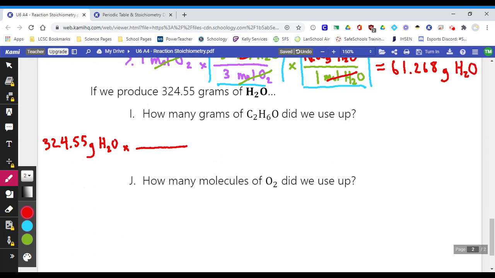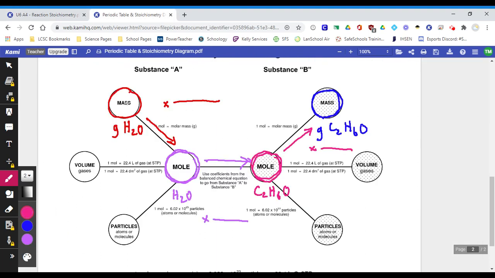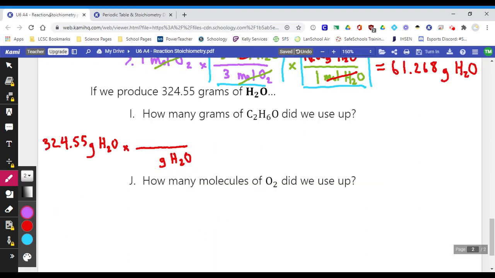On this first fraction bar, we're getting rid of grams of H2O, so that's going on the bottom. Grams of H2O. We're getting to moles of H2O then on top. That's the next bubble we're going to. Grams of H2O to moles of H2O. So moles of H2O is what we want on top.